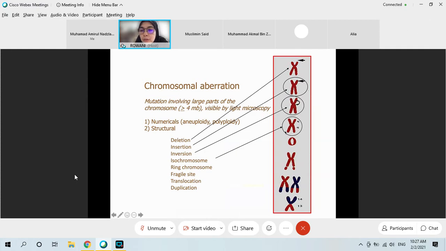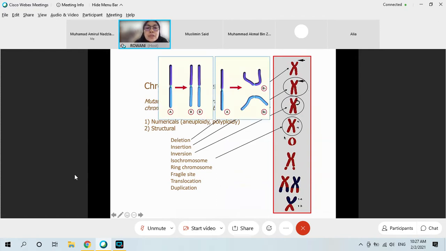Isochromosome is when the upper arms and the lower arms of the chromosome are the same structure. How can that happen? Well, that happens again during your meiotic divisions. During meiosis, your cell divides, right?